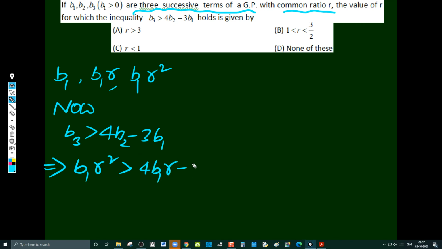And you can cancel off that B1 because it is clearly given that B1 is greater than 0. Otherwise, you should not cancel as you like. B1 is not equal to 0 and hence I am cancelling off this B1 here.